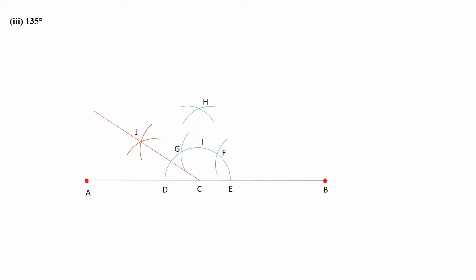This is 45, this also is 45. Up to here we have got 90, marked at I, and if you take this portion we will get 45. So 90 plus 45 gives 135. That means our required angle is angle JCB or BCJ, which is 135 degrees. This is the way we construct it.